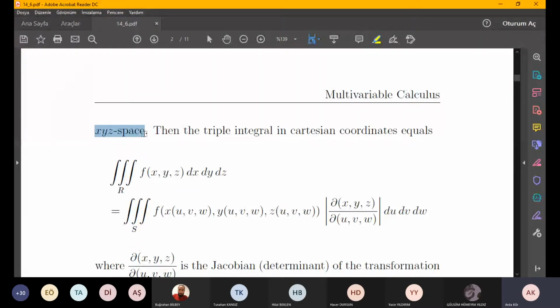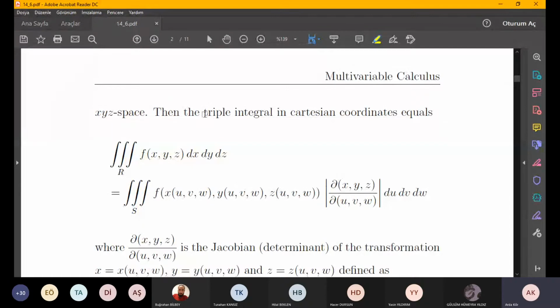Let's remind it again, for triple integration, the function is a function of three variables, and the integration domain is a region in R^3, in three-dimensional space. That is why we can only sketch the figure of the integration domain for triple integration.